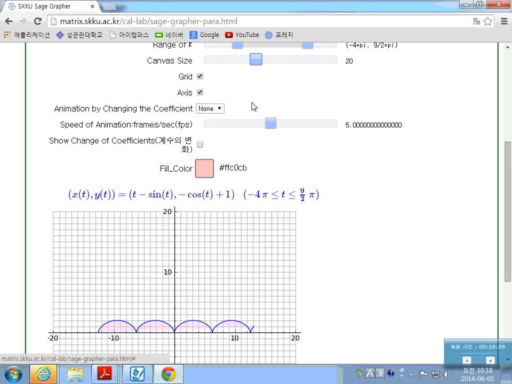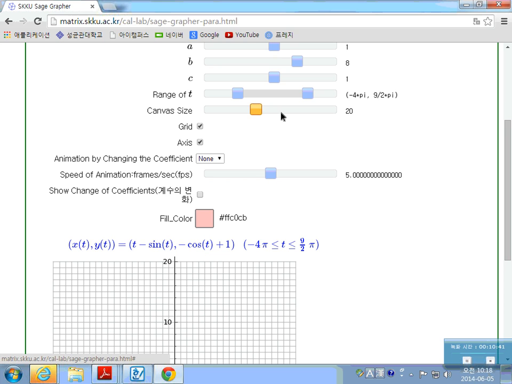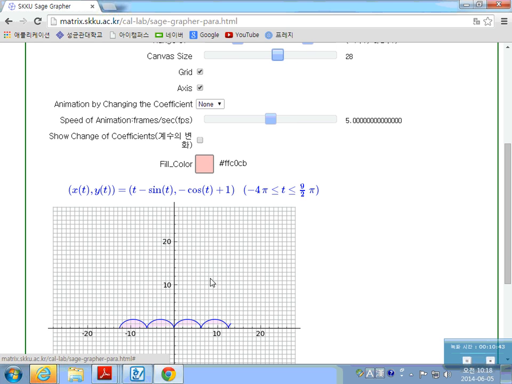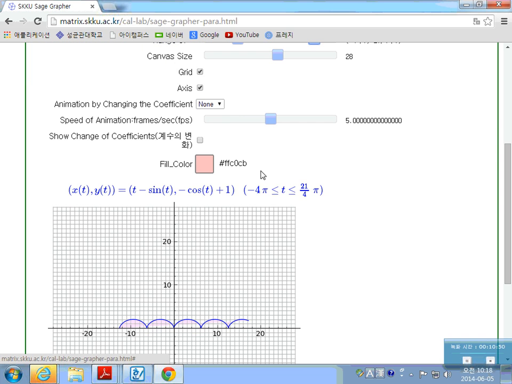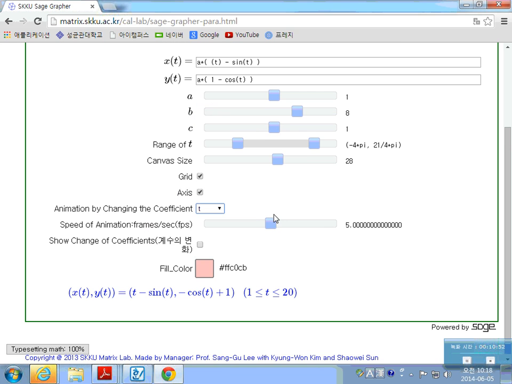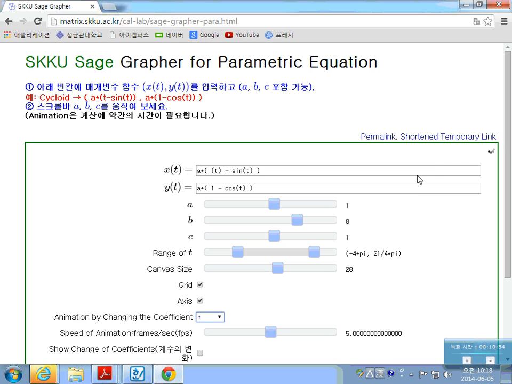If we make the canvas size a little bigger, then we will have this. If we want to see how this graph was made, I am generating the animation of the cycloid.